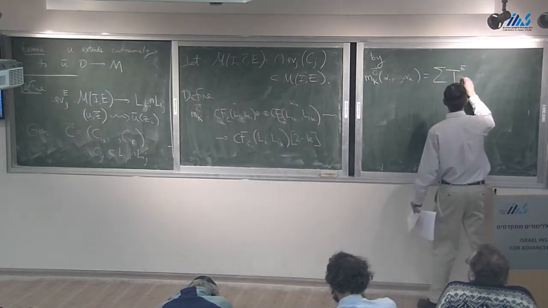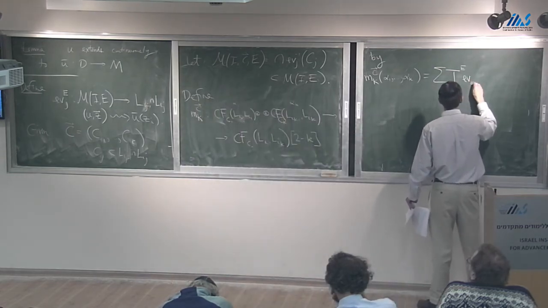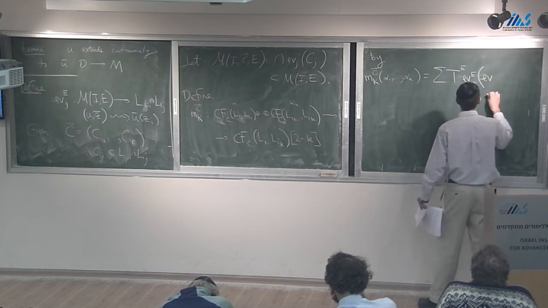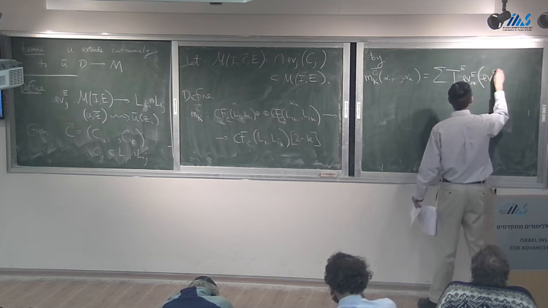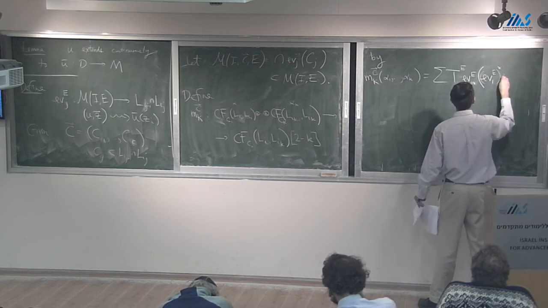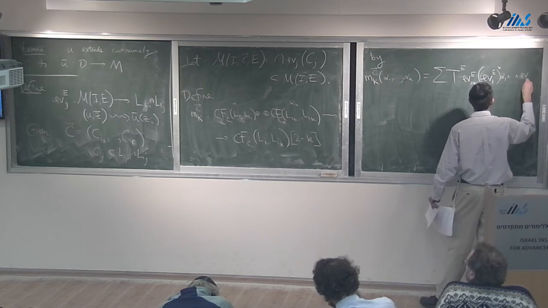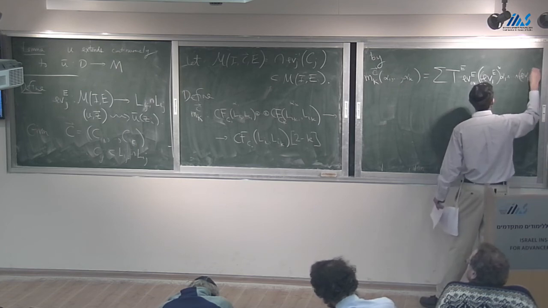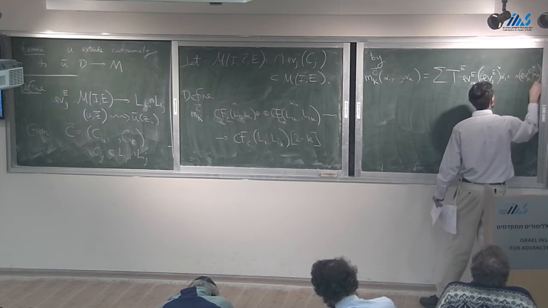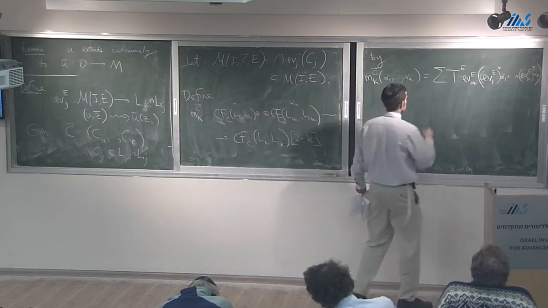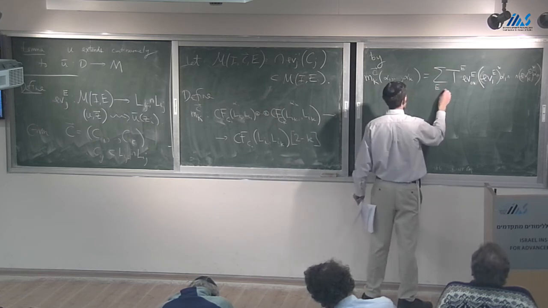T^E of 0, push forward, this is the evil thing, of ev_1 to ev_k, pull back alpha_1 up to alpha_k.